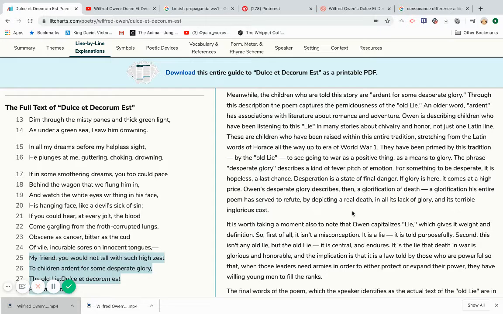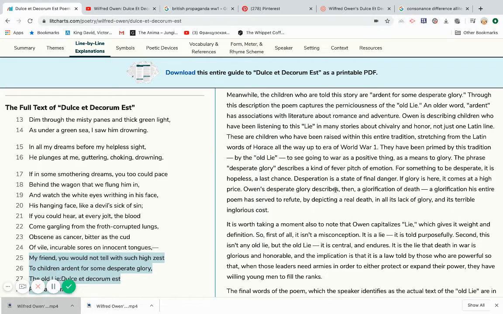The phrase "desperate glory" describes a kind of fever pitch of emotion. For something to be desperate, it is hopeless, a last chance. Desperation is a state of final danger. If glory is here, it comes at a high, high price.